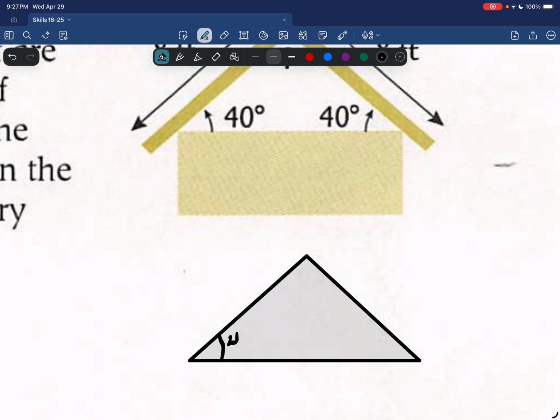So this is 40. And this is 40. That tells me if those two angles are equal, this is an isosceles triangle. And we are looking for the vertex angle.